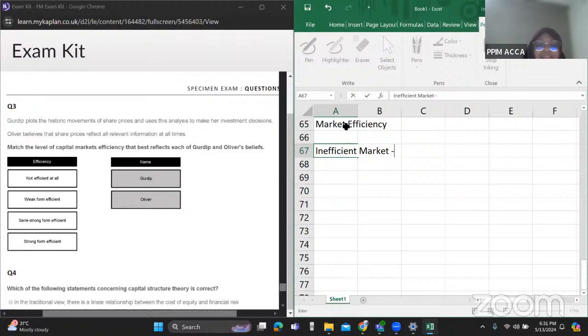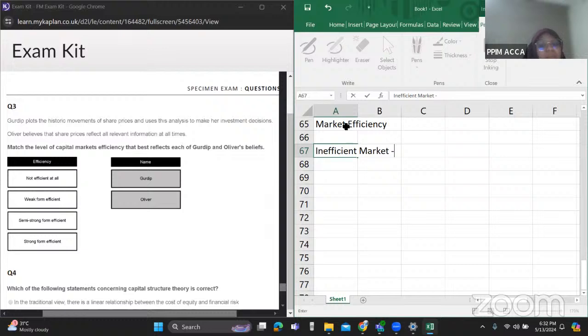There can be inside information. Inside information means people within the organization, the directors, know that we are not doing so well. They might know that in the next 6 months the company's performance is going to drop, but nobody else knows it. It's private information. Even that kind of information doesn't reflect in the market price.